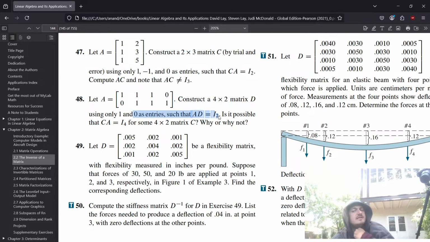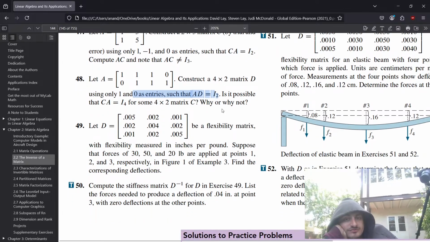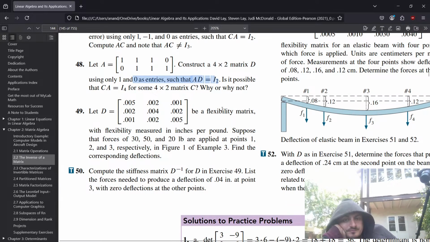Such that AD. I would like to know the. Okay, here's a flexibility matrix.